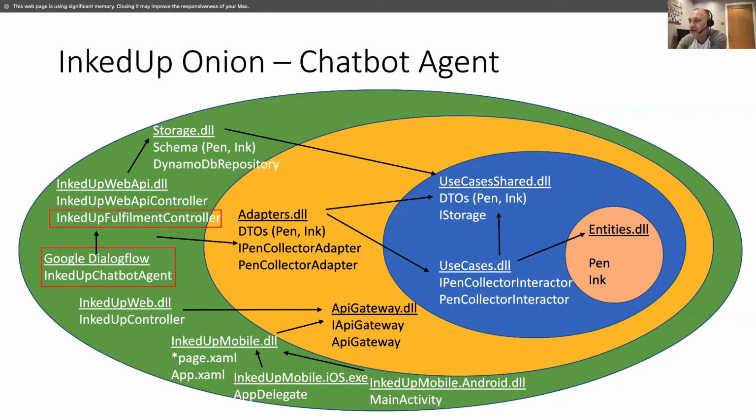Now, if we didn't have that interface in the use case layer, if we had it in the details layer, so storage DLL is dependent on something in the details layer which has that interface in, then use cases would need to have a source code dependency on that thing that is now in the details layer. And that dependency would be going the wrong direction for this onion layer. So hopefully that explains it.